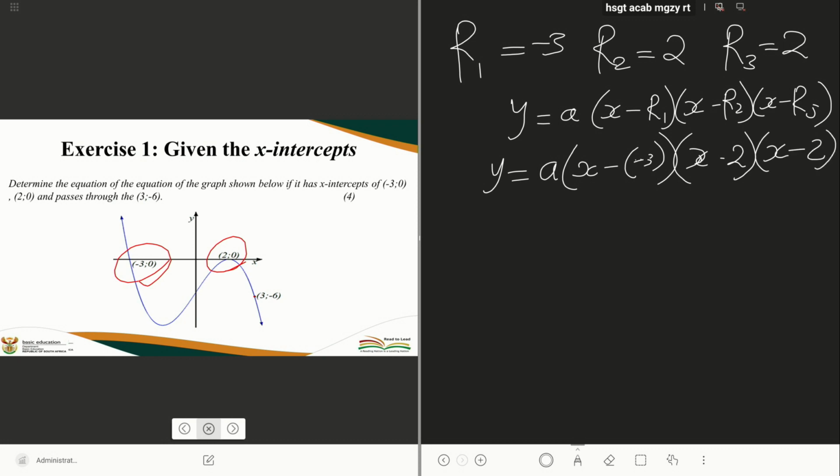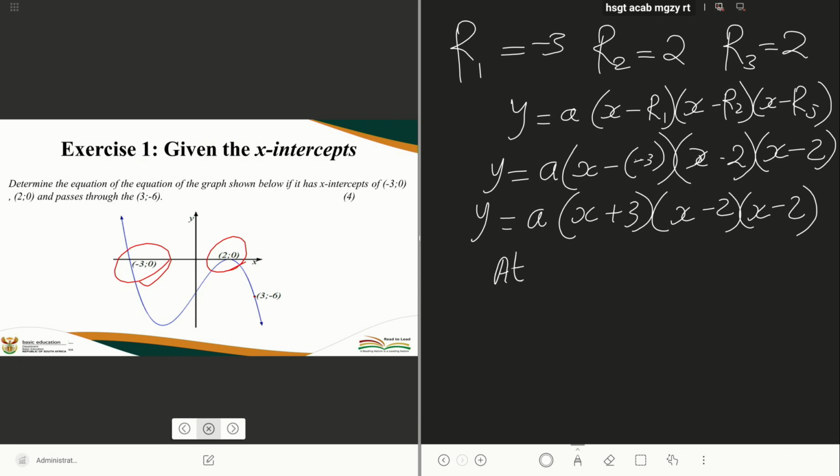So what do we have? y is equal to a(x plus 3)(x minus 2). I can say squared, or I can just repeat it again, like that. At which point, let's copy the method previously. At (3, -6), my x value is 3, therefore my y value is -6. My a is still unknown.